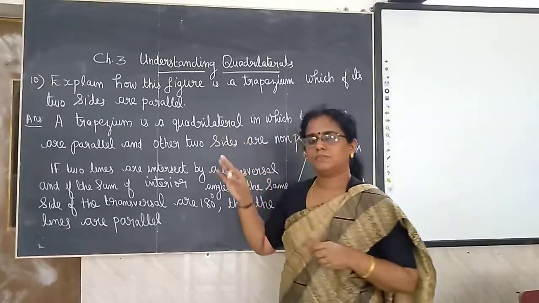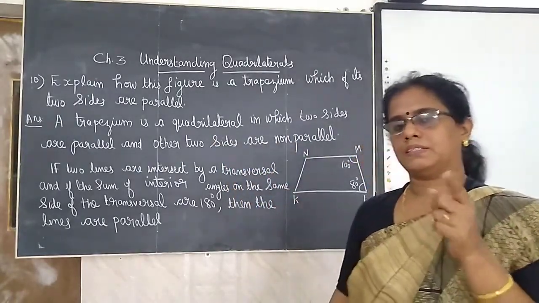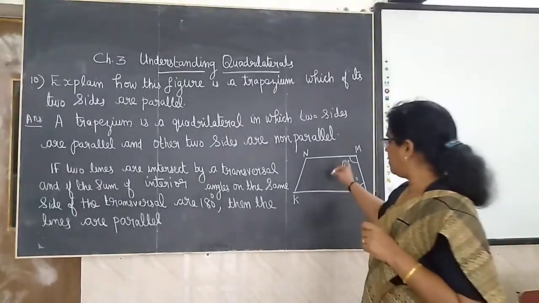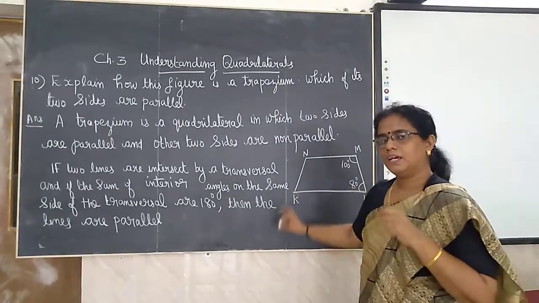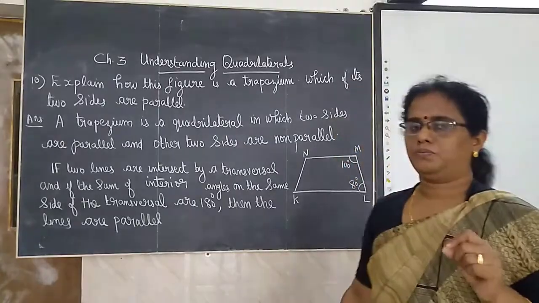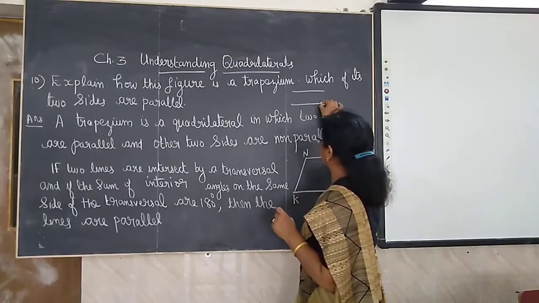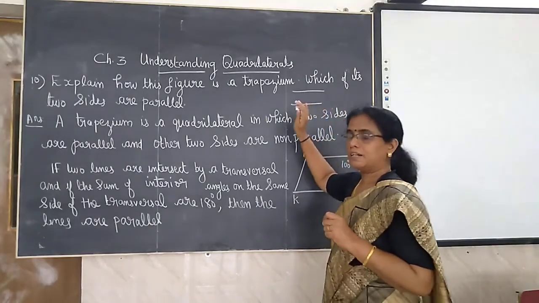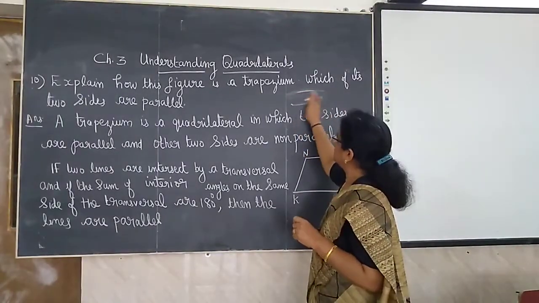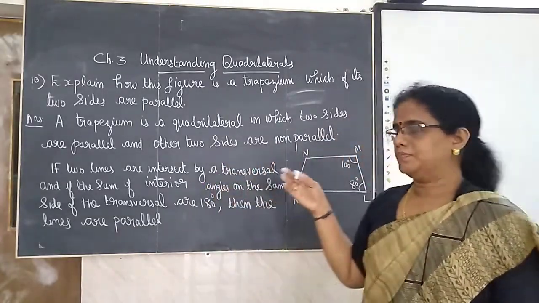A trapezium is a quadrilateral in which one pair of sides is parallel. Two sides are parallel, as shown like this, and the other two sides are not parallel. This type of quadrilateral is called a trapezium.